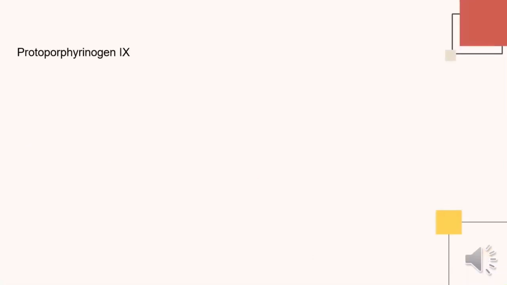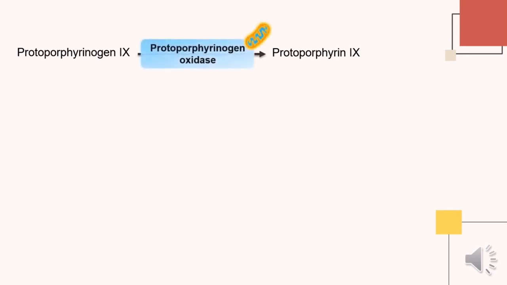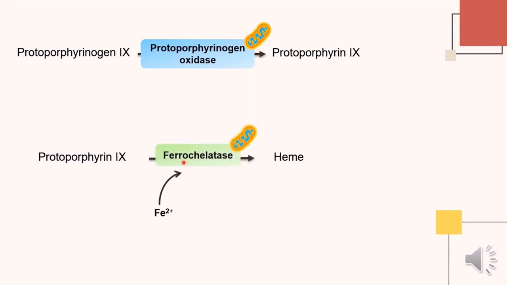Then, protoporphyrinogen IX will be converted to protoporphyrin IX by the enzyme protoporphyrinogen oxidase. And this reaction occurs in the mitochondria. Lastly, protoporphyrin IX will be converted to heme, which is the end product, by adding iron, by the enzyme ferrochelatase.